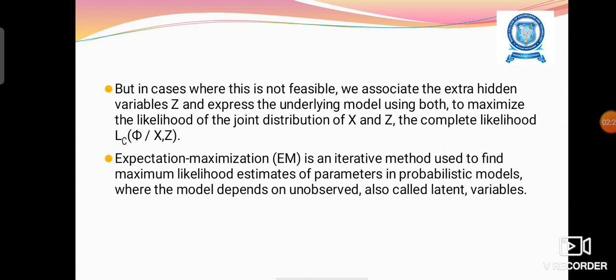So the EM algorithm is an iterative method used to find the maximum likelihood estimates of parameters in probabilistic models, where the model depends on unobserved variables, also called latent variables.